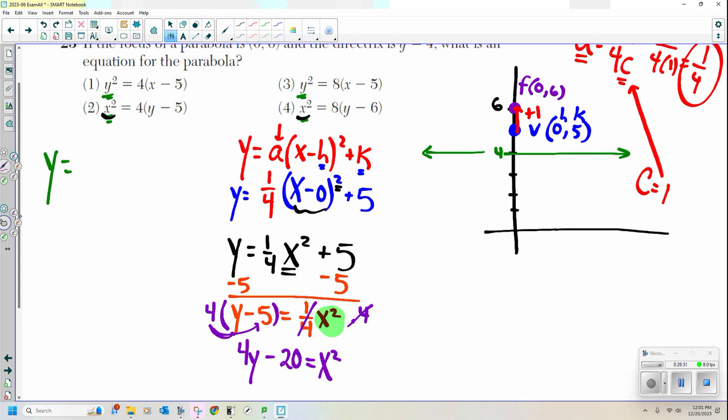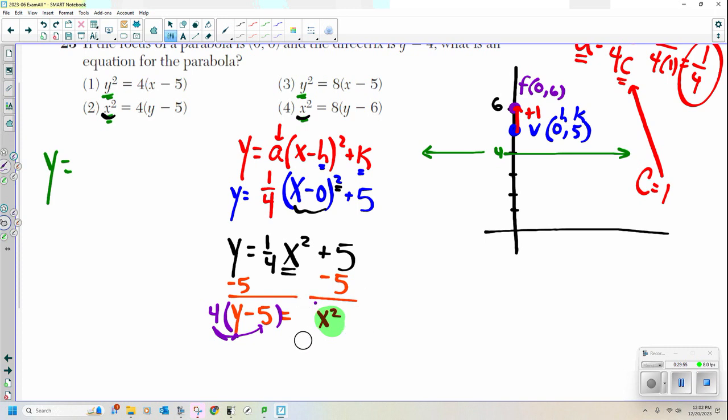Oh, look, oh my God. Oh my goodness. We did nothing wrong, because I didn't even have to go to this above and beyond step. I didn't even have to do this. What happens when I multiply this side by 4?